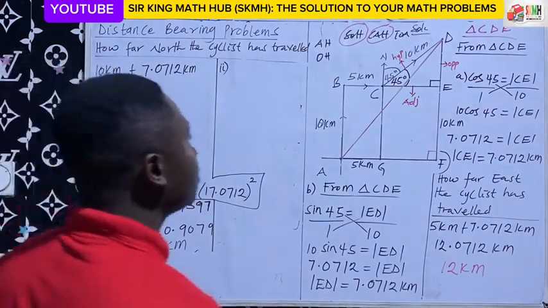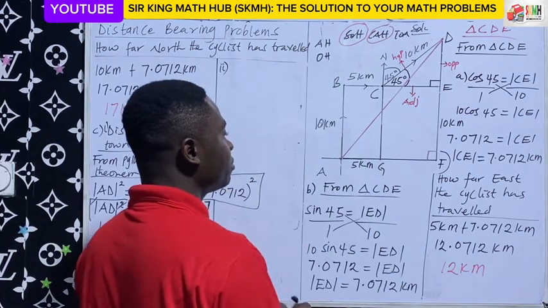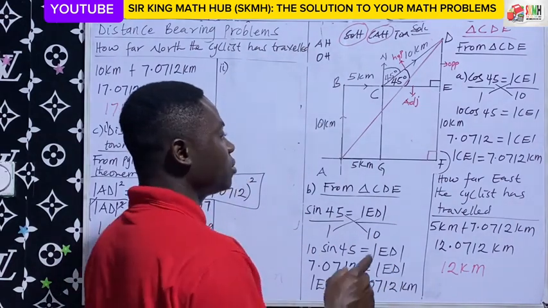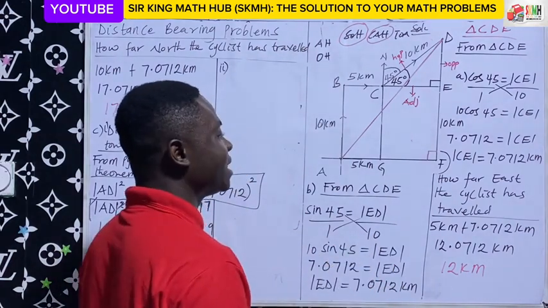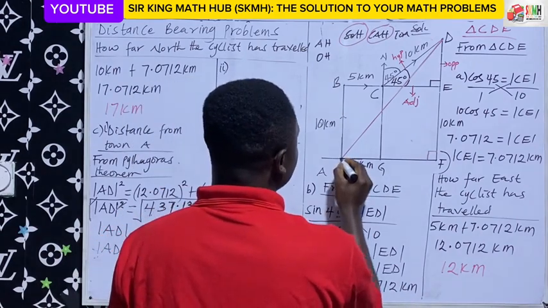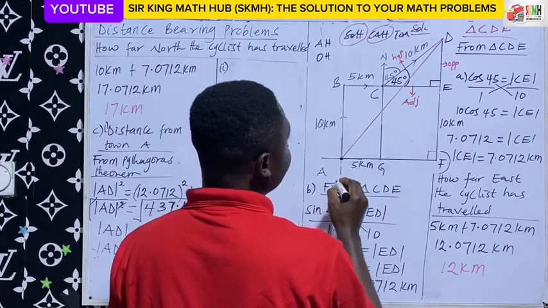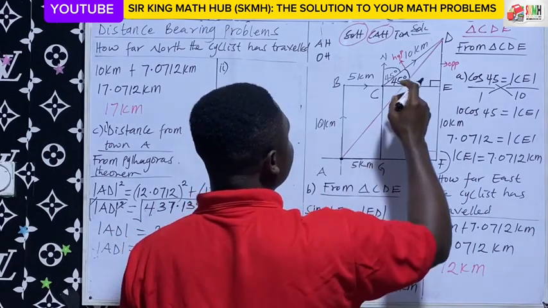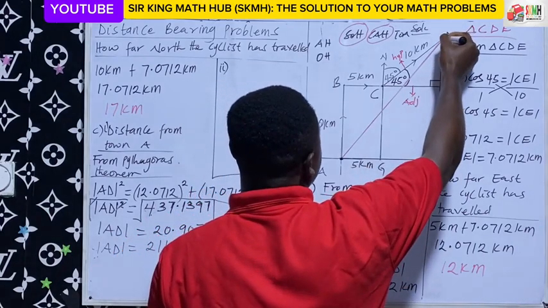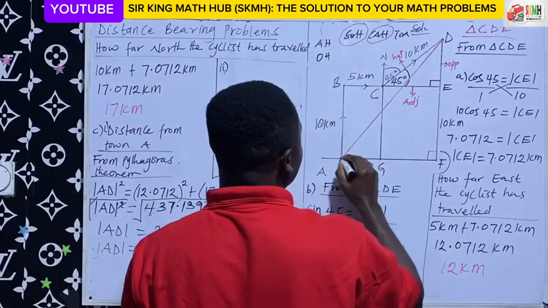From town A. We know that in bearings, the word from is where we have to measure the bearing. So from town A, we are looking for the bearing of its final destination.